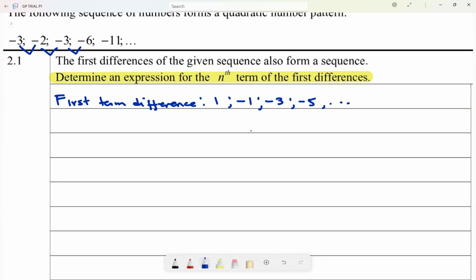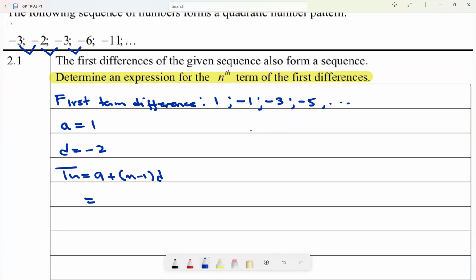And then how do I form an expression for that? I already know that the value of a is equal to 1, and the value of the difference: -1 minus 1 is -2. So -3 minus -1 is -2. So the difference here is -2. So you can use your typical Tn is equal to a plus (n minus 1) times the difference.